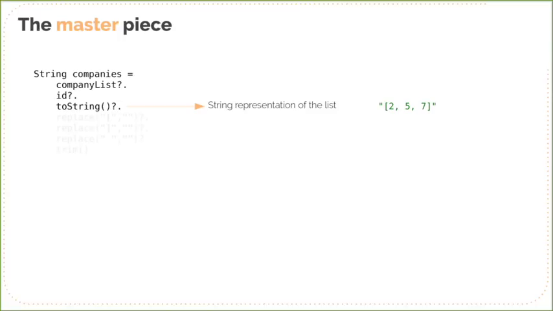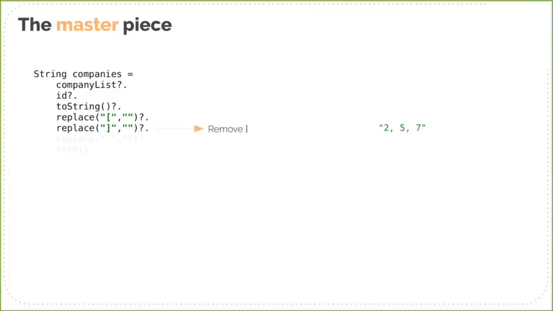That string, right? And then, when you have that string, you need to remove some parts of it. So you remove the first open bracket, and you have this string without the open bracket. Then you remove the close bracket, so you have now this string.